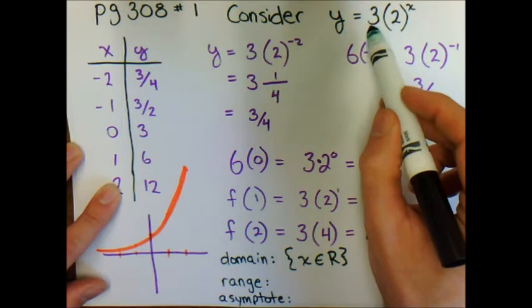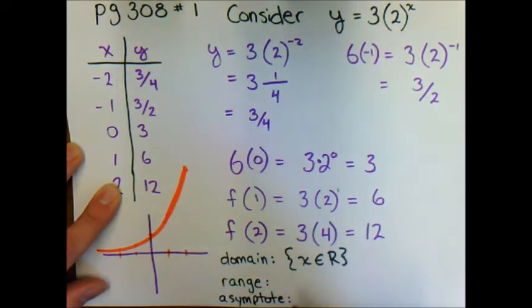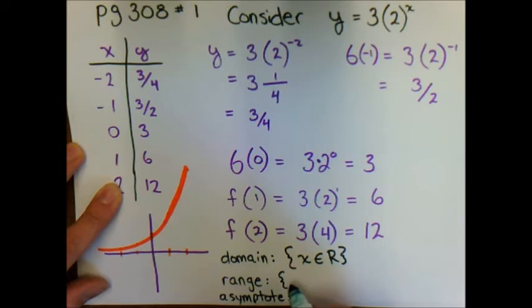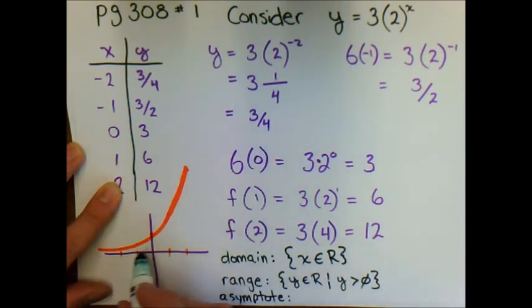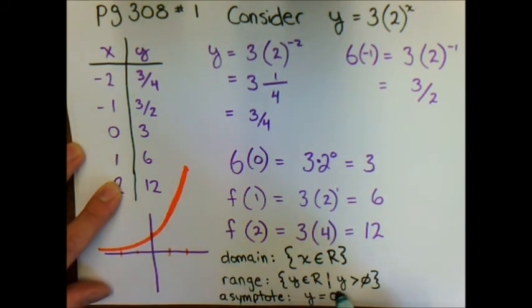So I'll always have 3 times that positive number, which tells me that my range is going to be y element of the real, and y will always be greater than 0, which also gives me my last information, the asymptote. The asymptote for this one occurs right here at the x-axis, which is y equals 0. So there are some key features of this exponential function.